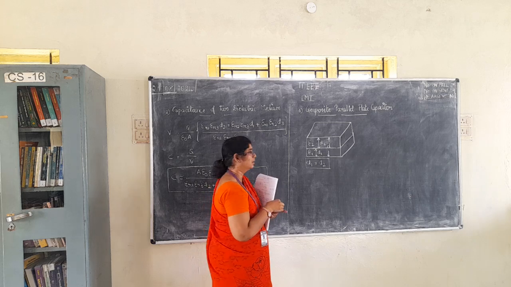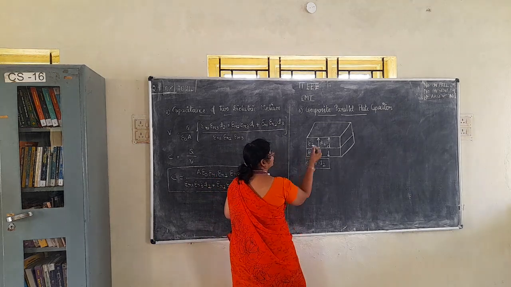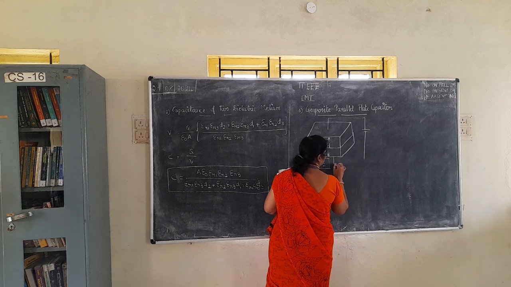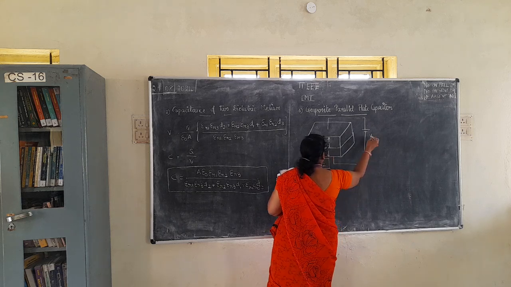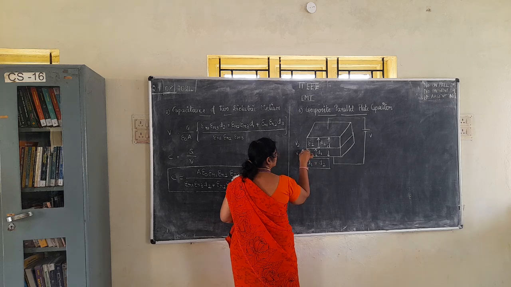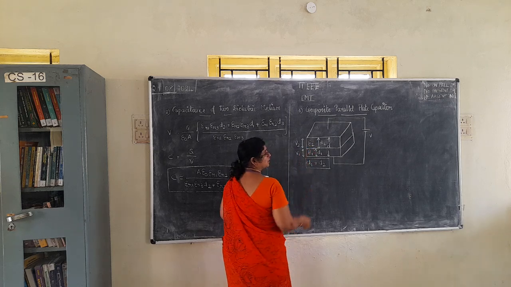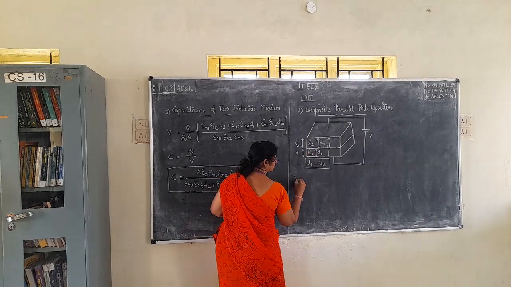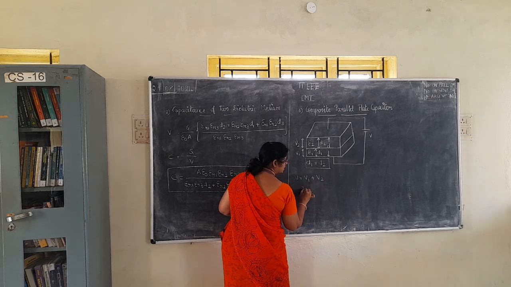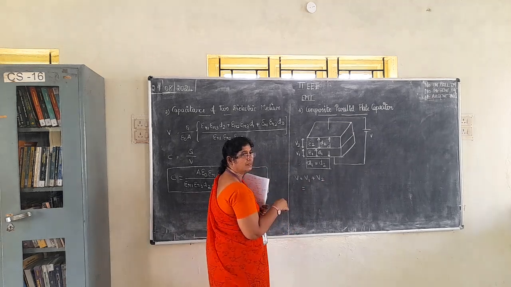Similar expression now. So here if a voltage is applied across it, this layer will be V2 and this layer will be your voltage V1. So V will be equal to the sum of V1 plus V2. What is V in terms of E?